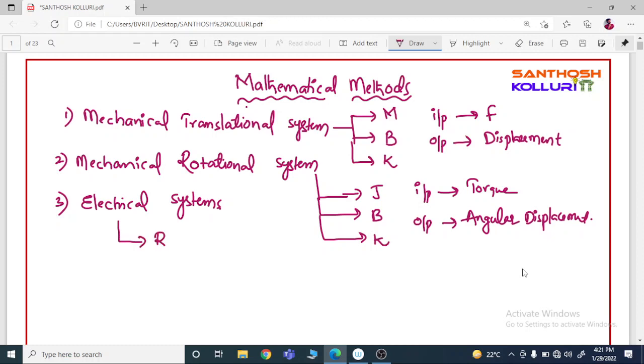such as resistor, inductor and capacitor.